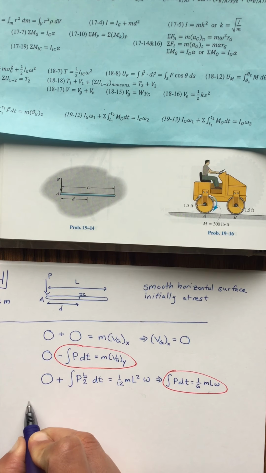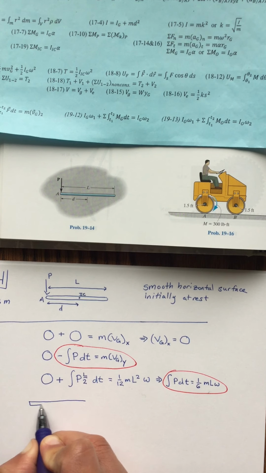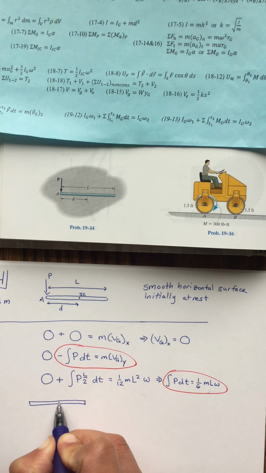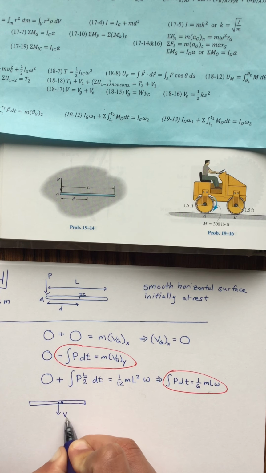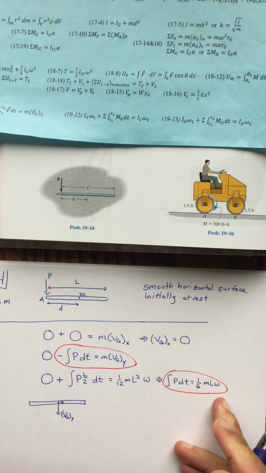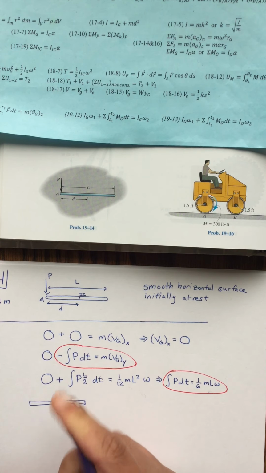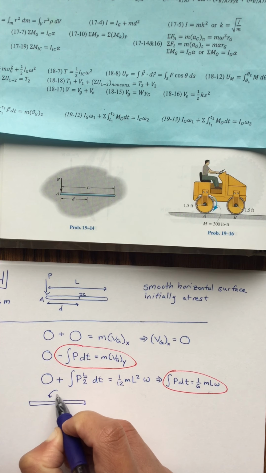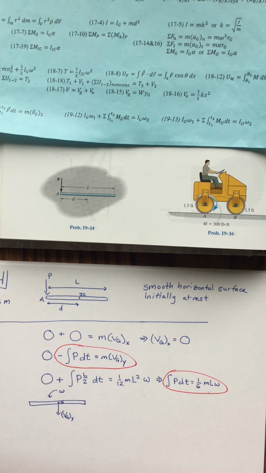So let me draw a picture here. If this is the center of the rod, that's moving this way with a velocity of v_Gy, so that has a negative component. And then the angular velocity, because this is positive, would be like this. That's the positive direction.